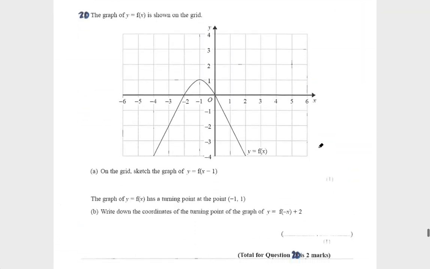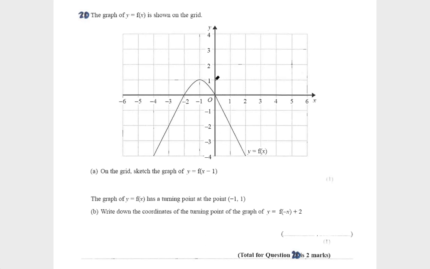Question 20 is a transforming functions question. On the grid, sketch the graph of y equals f of x minus 1. So if you remember the rules, inside the brackets means that you're going to translate it in the horizontal direction, in the x direction, and it means that you are going to go the opposite to what you'd expect from that. So it's going to be 1 to the right.